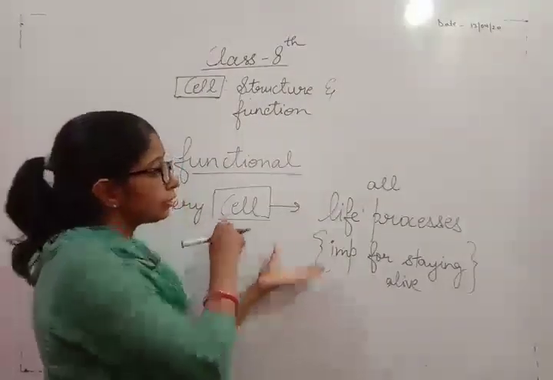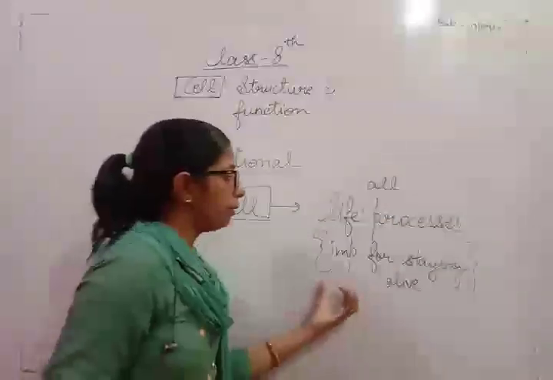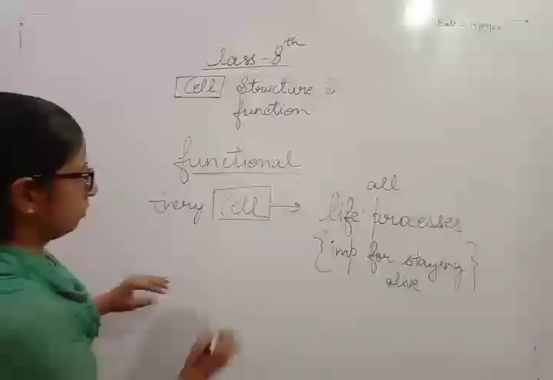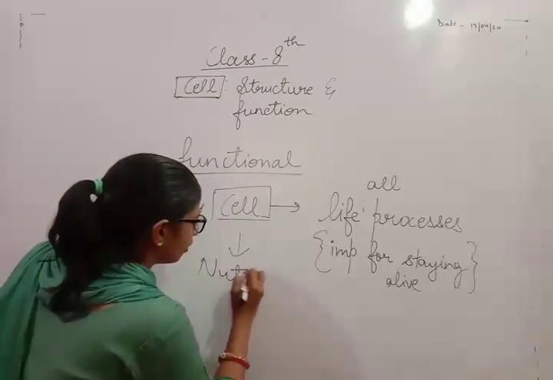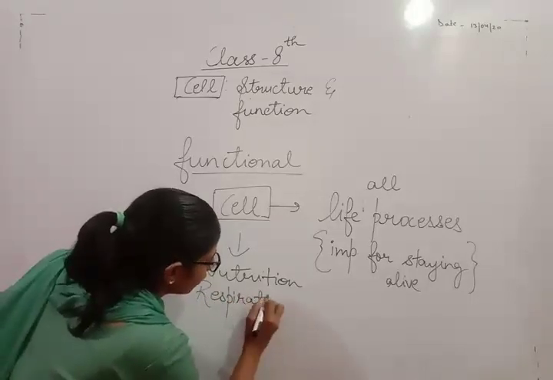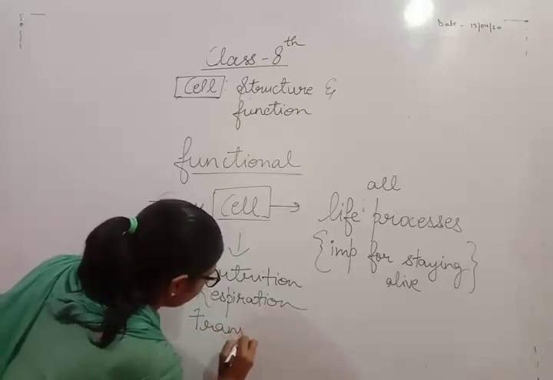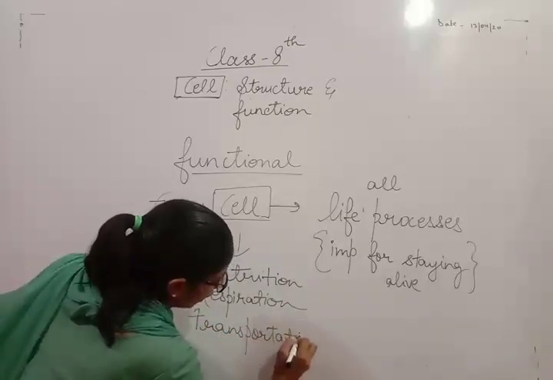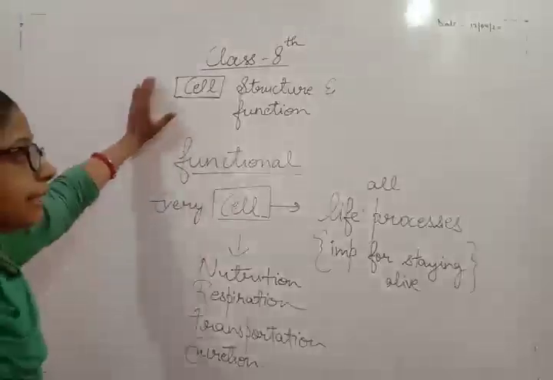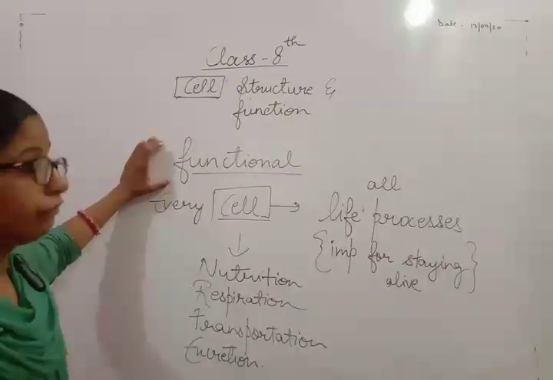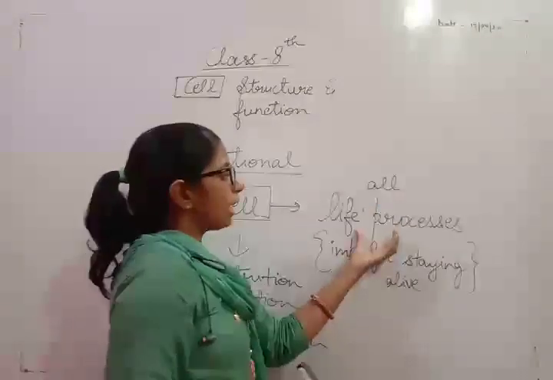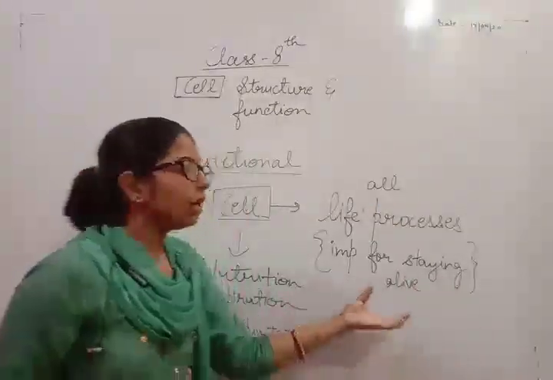When a single cell is performing all the life processes which are important for staying alive, it means it is performing various functions like nutrition, respiration, transportation, excretion, etc. So we call cell a functional unit of life because it is performing all the life processes which are important for staying alive.